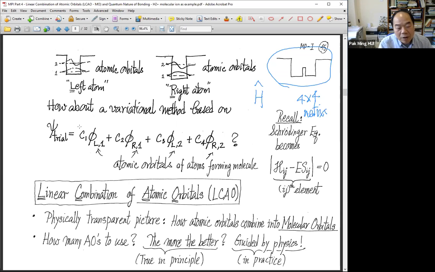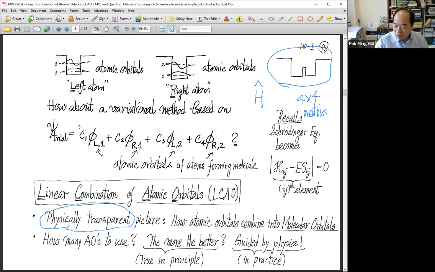Now the first advantage I see is that it is physically transparent, meaning you can trace that this molecular state comes from A atom's 2p and B atom's 1s.